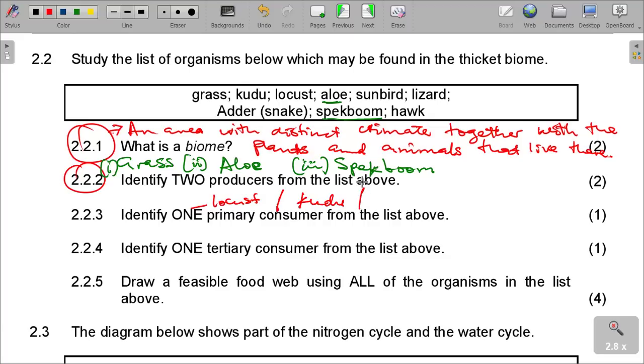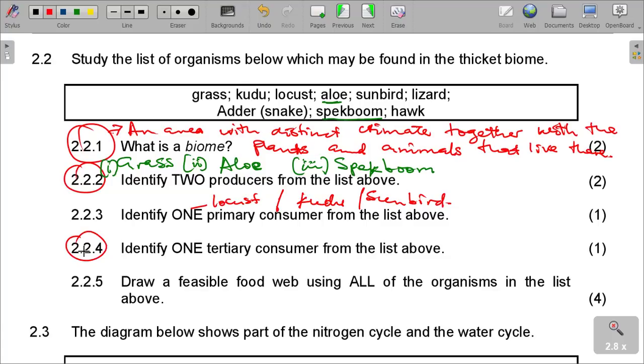We can also even talk about the sunbird. It can also eat vegetation or grass. It can also be even a lizard. They can also eat grass. Locust, coot, or sunbird.